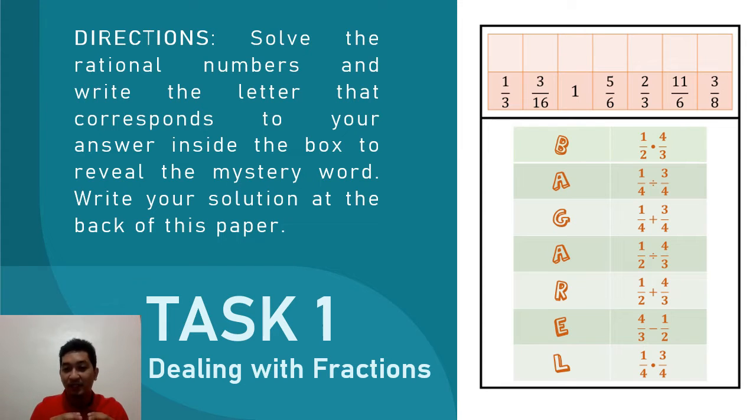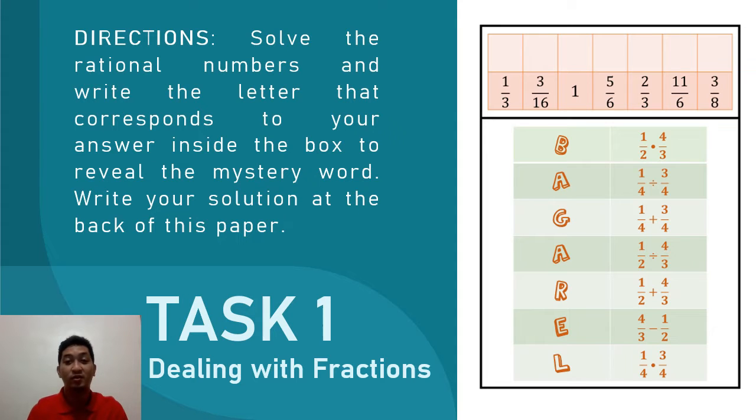Each corresponding letter has rational numbers with operations to be used. For example, 1/2 times 4/3. How do you multiply rational numbers? 1/2 times 4/3 is equal to 1 times 4 is 4, 2 times 3 is 6. So you have 4 over 6, or simply 2/3.